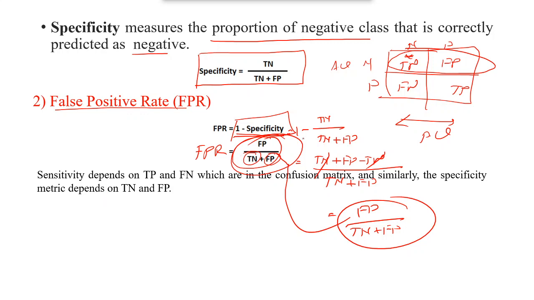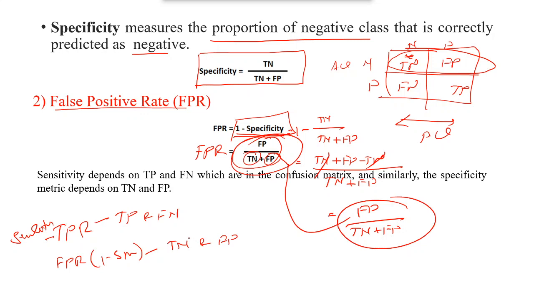TPR depends upon the true positive and false negative in the confusion matrix. Similarly, TPR is also known as the sensitivity, and the false positive rate, which means 1 minus specificity, depends upon the true negative and the false positive.